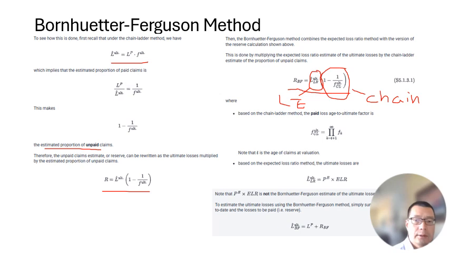So this is the Bornhuetter-Ferguson method. The ultimate factor is the cumulative product of each age-to-age factor, and the expected loss ratio method would give you the ultimate loss to be this.